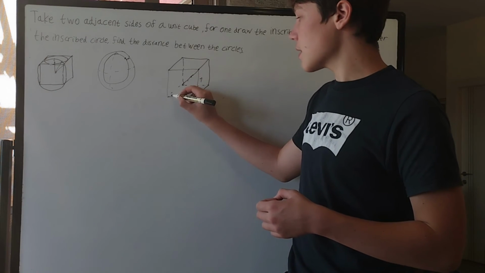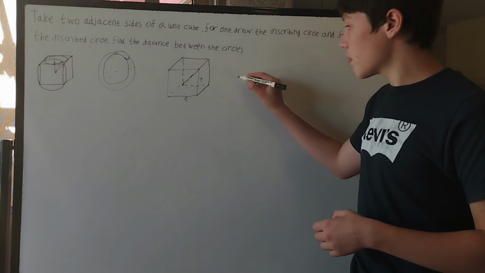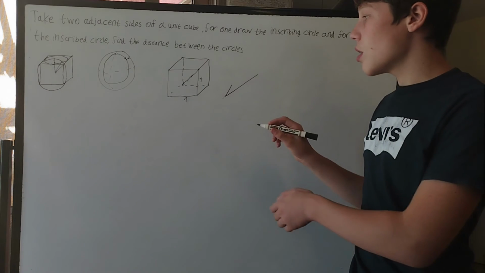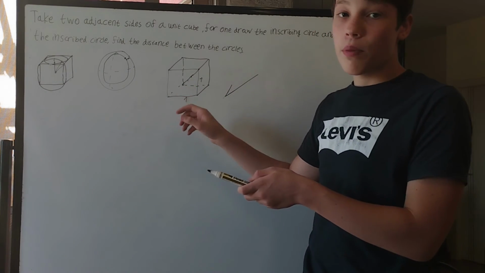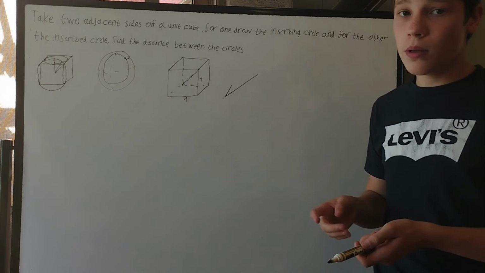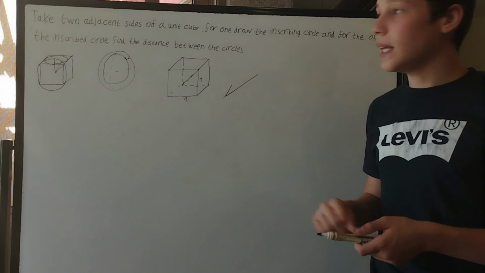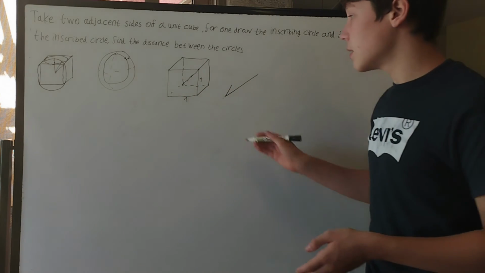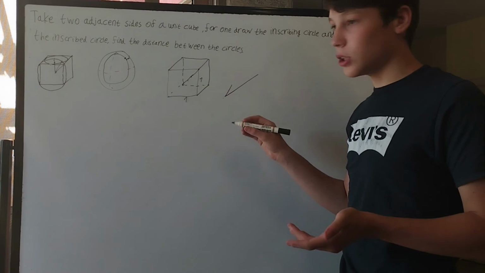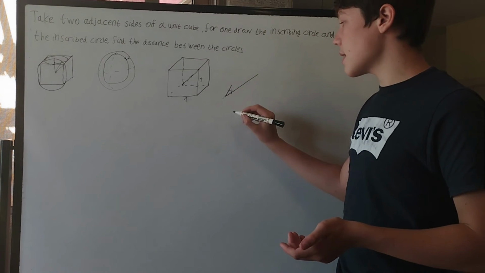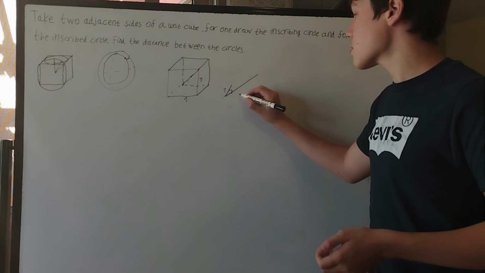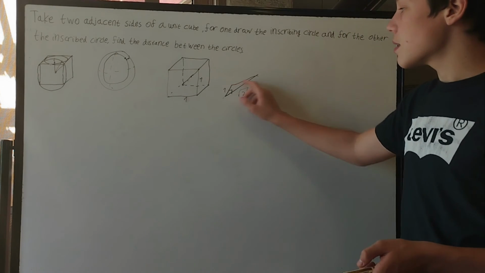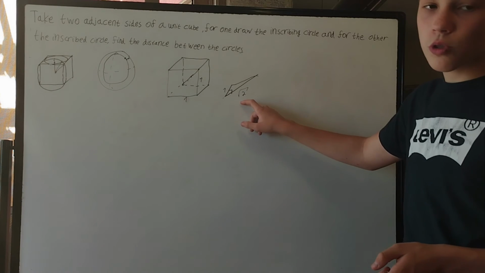And then if we take this line, it might not look like it, but because this line is perpendicular to this entire plane, since it's a cube, it will be perpendicular to any line on this plane, which means that in 3-dimensional space, this will be a right angle. So this is 1, this is square root of 2. This length, by the Pythagorean theorem, is the square root of 1 plus square root of 2 squared, so square root of 3.